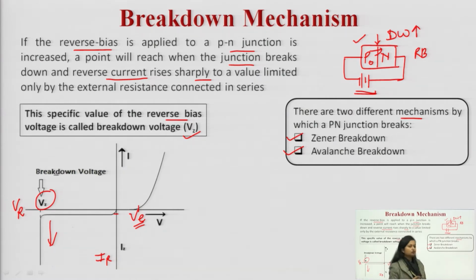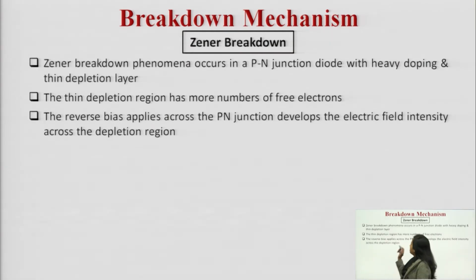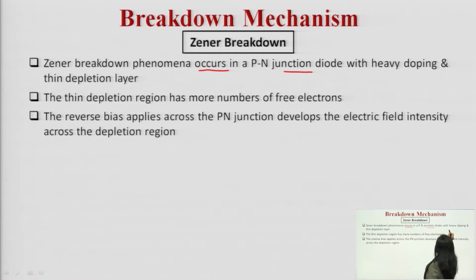Let us begin with the first one, the Zener breakdown. What is Zener breakdown? The Zener breakdown phenomenon occurs in a PN junction diode when heavy doping is done. What is doping? Let me tell you once again: doping is the addition of impurity to a pure semiconductor.